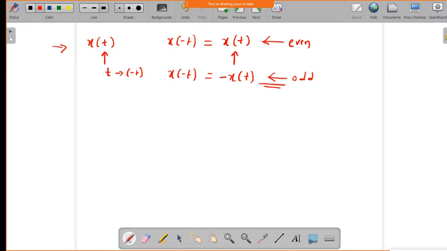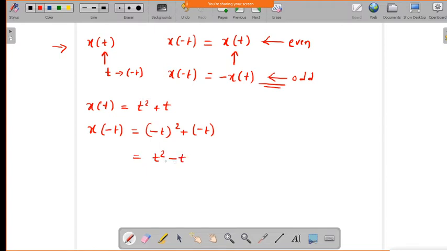If you take any x of n or x of t, you replace t by minus t and see which form the result takes, and you can decide whether it is an even signal or an odd signal. Say, for example, x of t equal to t square plus t. To find out whether it is even or odd, replace t by minus t. What will you get? Minus t whole square plus minus t. Now minus t square is plus t square, and then minus t.